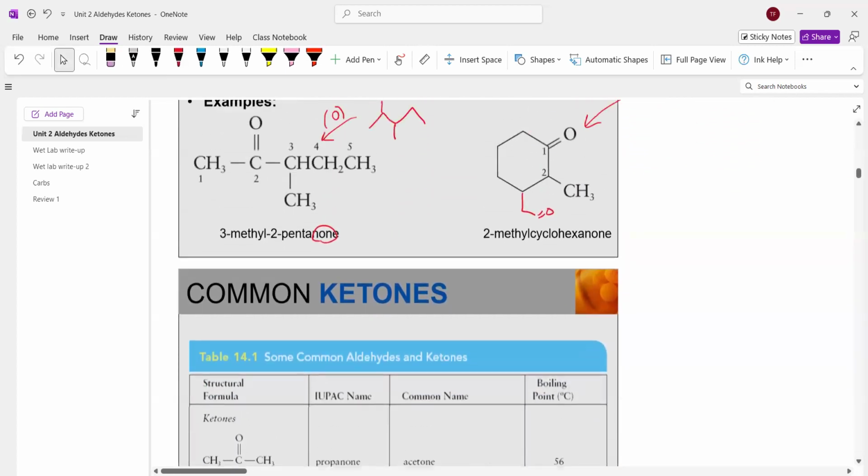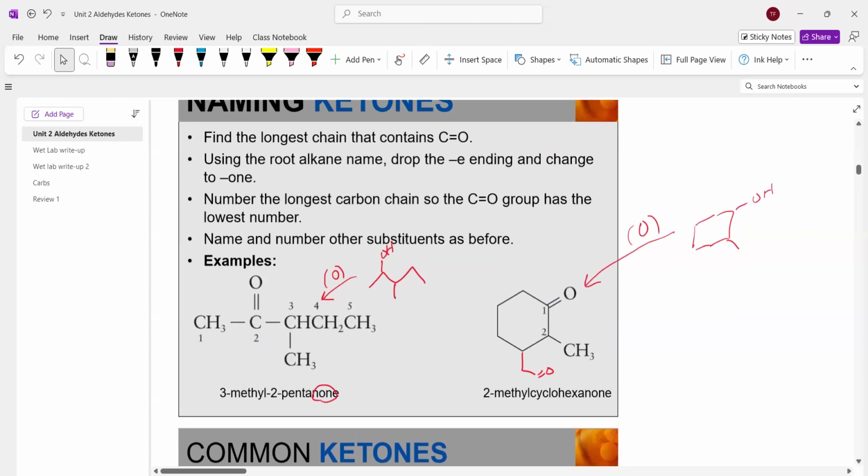Sorry, Professor, I have a question. Sure. For an aldehyde, can an aldehyde be in a ring formation or a cyclo formation? And if so, what does that look like?